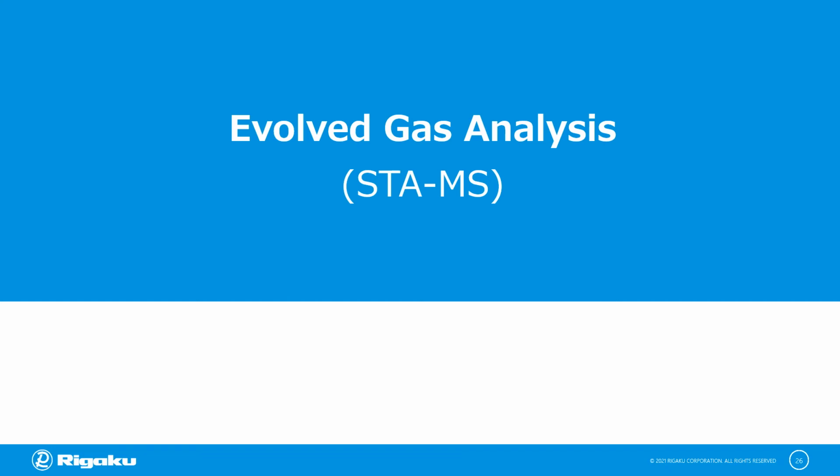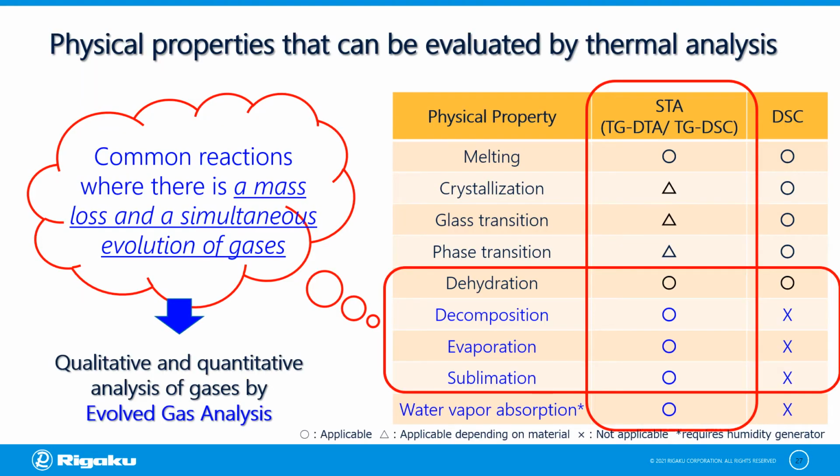From this slide onwards, we will be talking about evolved gas analysis or STAMS. This is a slide I have shown earlier. Reactions such as dehydration, evaporation, decomposition, sublimation, or combustion are common reactions where there is a mass loss, and if there is a mass loss, then there is a simultaneous evolution of gases.